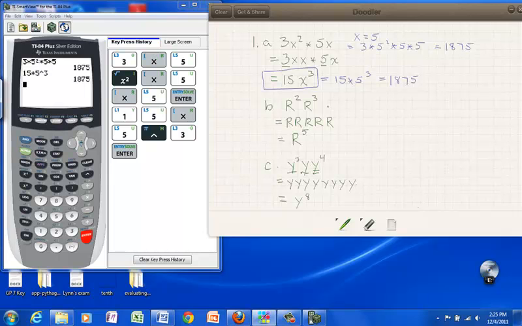Now let's do the r's, and we'll let r also equal 5. So the first expression becomes 5 squared times 5 cubed.